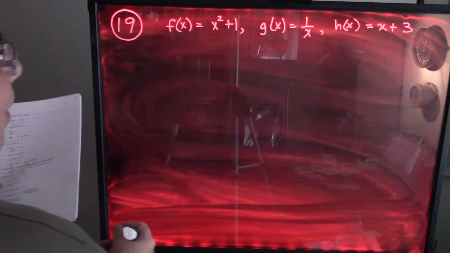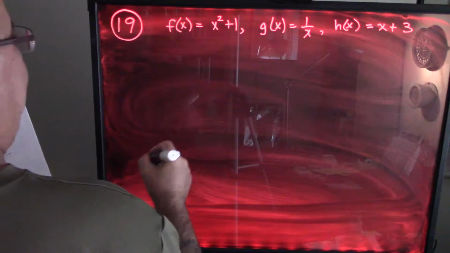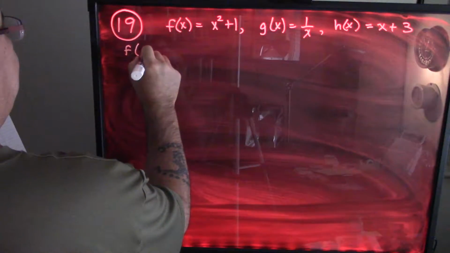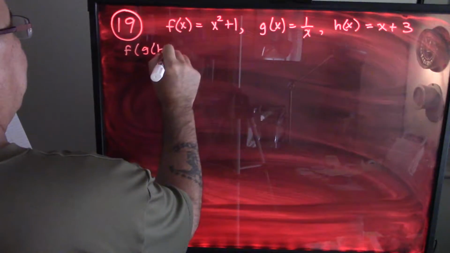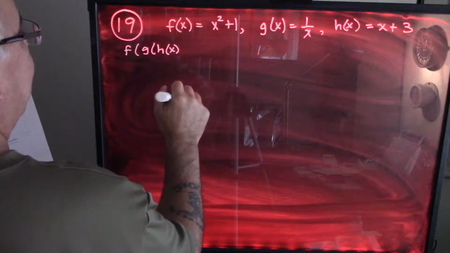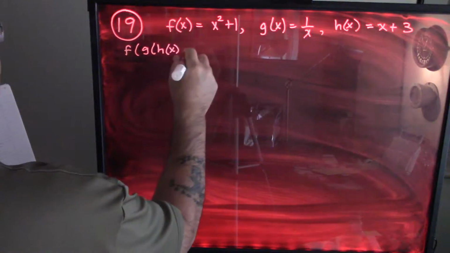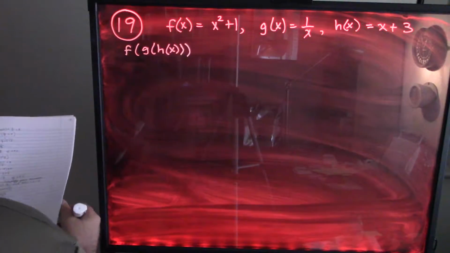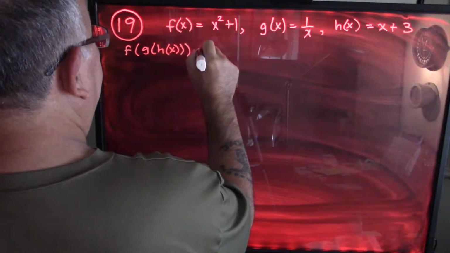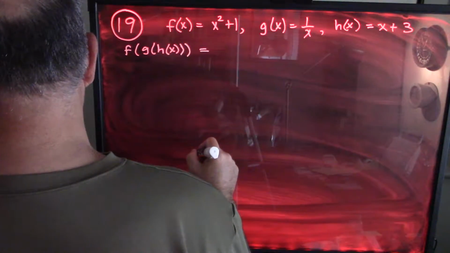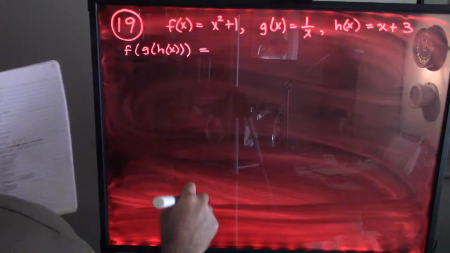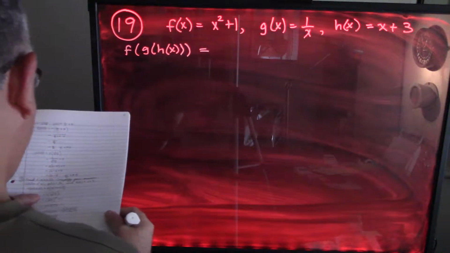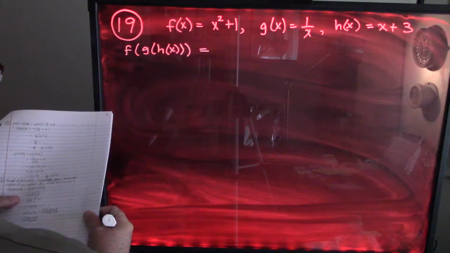Okay, f of g of h of x. I've got 3 opening parentheses, so I need 3 closing parentheses. And wait till you get into advanced math where you see parentheses, dot, dot, dot, parentheses, then you know you're in some heavy stuff.